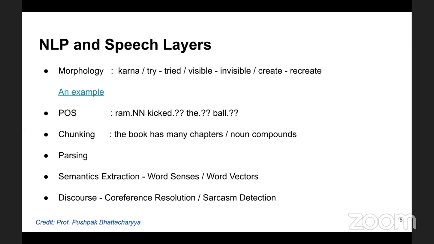Chunking gives you a subtree format of, let us say the sentence is the book has many chapters, so the book would be a single chunk, and many chapters would be another chunk. And when you parse this using a dependency parsing tree, then you would get the whole tree of the book has many chapters, and everything would be POS tagged or dependency parsed along the tree.